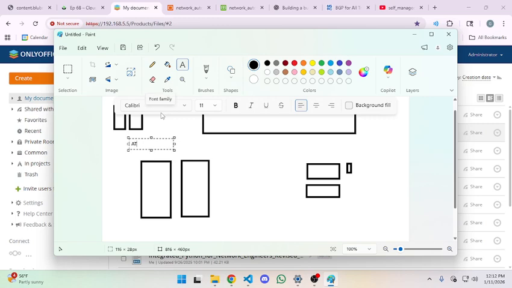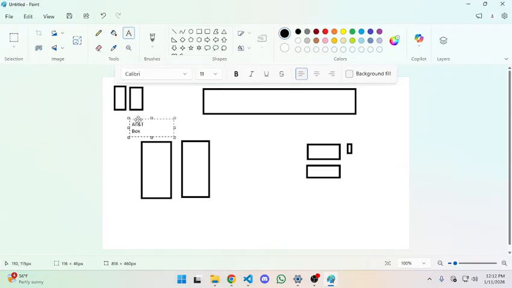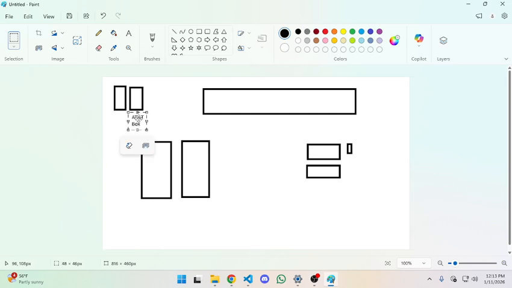This is the AT&T box. Okay. I'll have this go, do the selection tool. There we go.